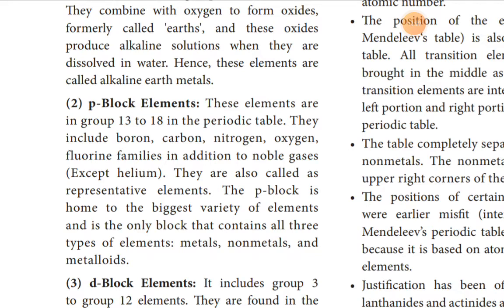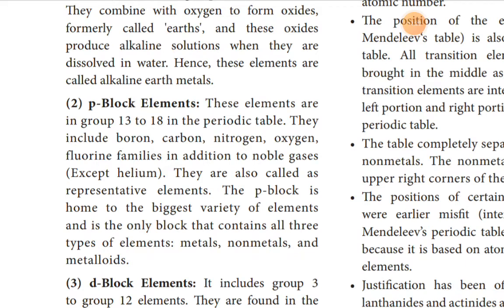The P block is home to the biggest variety of elements, and is the only block that contains all three types of elements, because these group 13 to 18 P block elements consist of metals, non-metals, and semi-metals, metalloids. For example, aluminium, gallium, indium are all metals.